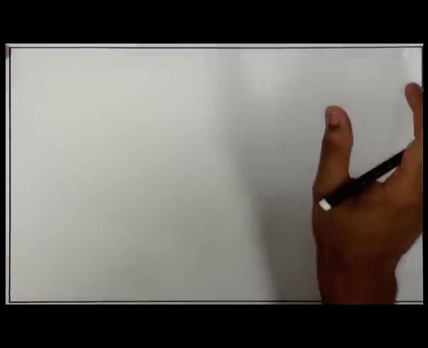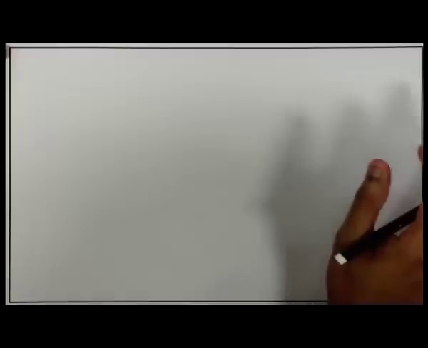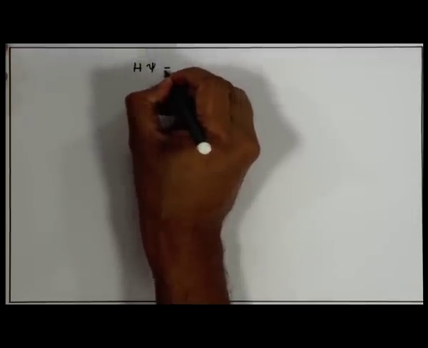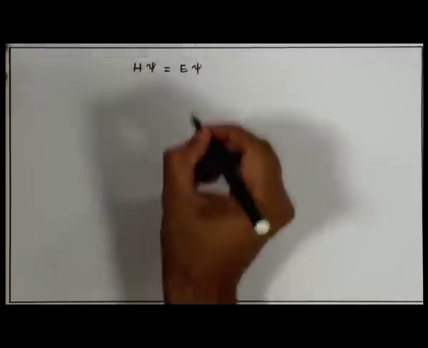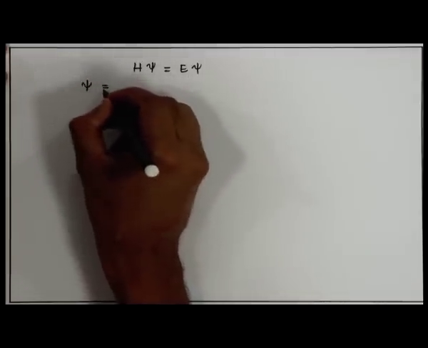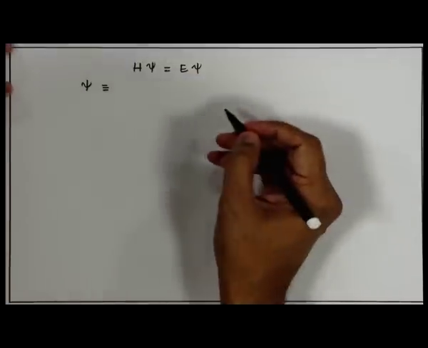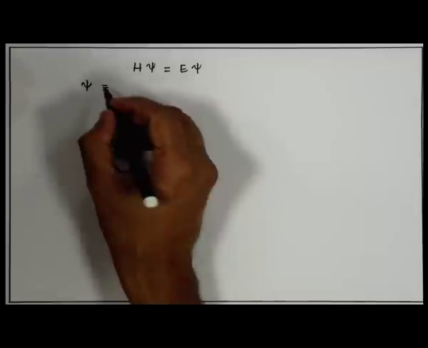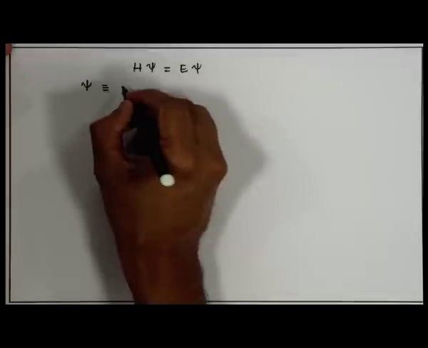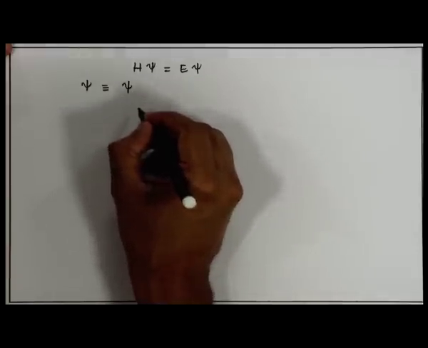Since orbitals are the place where electrons are found, we will now discuss a little more about the shapes of the orbitals. If you remember, we obtained these orbitals by solving the Schrodinger equation H psi equals E psi, where the wave functions psi are essentially the orbitals, and we saw that to identify an orbital we require a few quantum numbers.